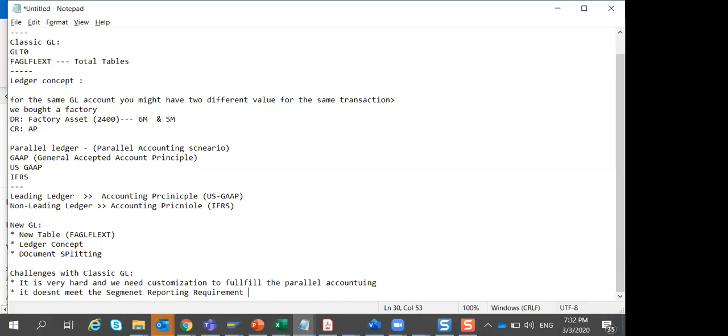This is a requirement by IFRS, IFRS 15. You can read about segment reporting, where it became mandatory for companies that work in Europe, which is most of the US companies. They have to adhere to segment reporting, meaning they cannot just create a generic profit and loss.